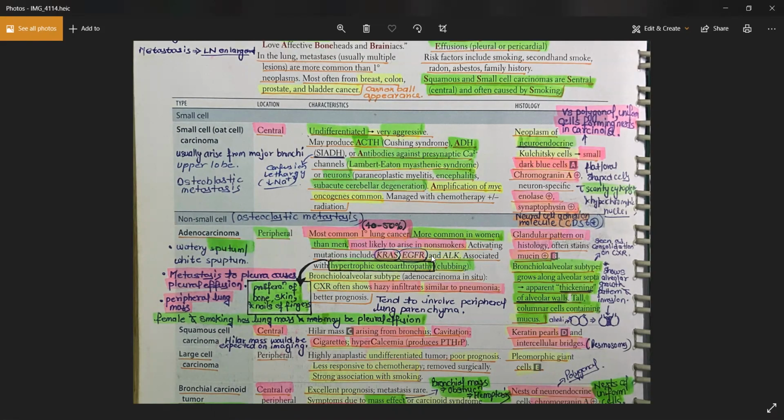So ALK can do that, and can anyone remember other cancers which are associated with the RAS mutation? Colorectal. Colon cancer. Yes, you have to remember this mnemonic for the colon cancers, right?